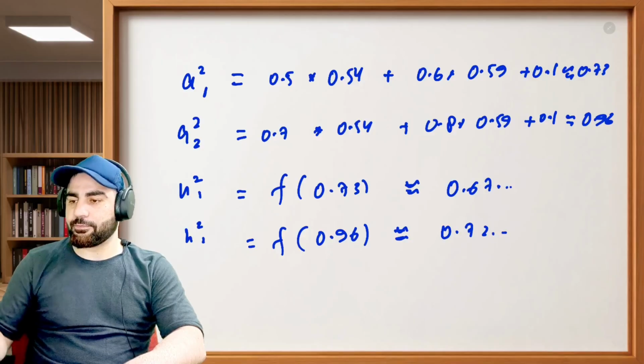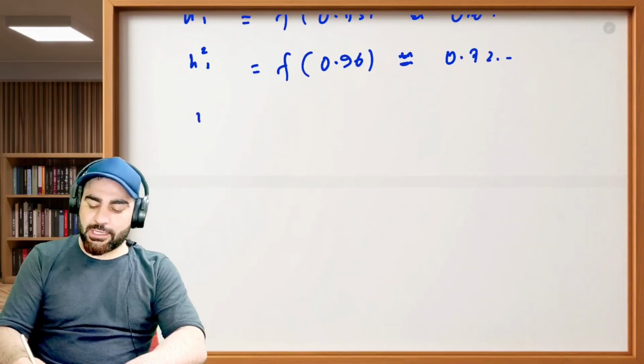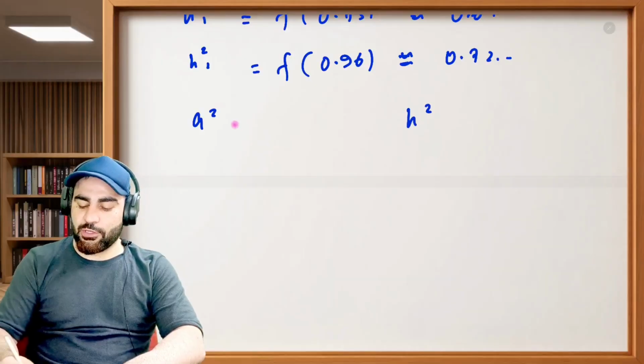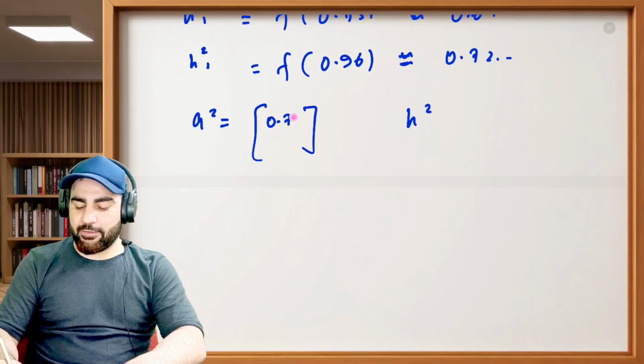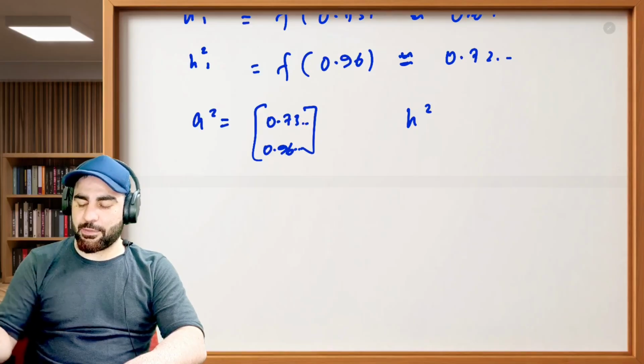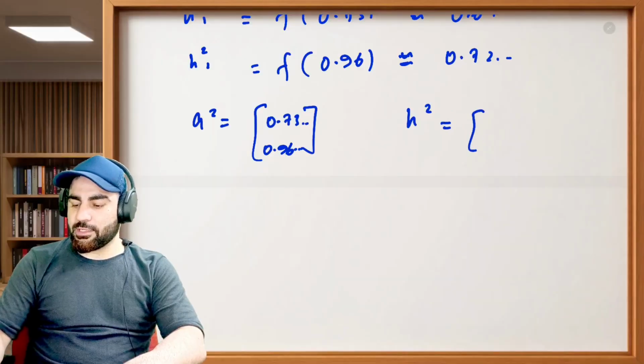Another vector that we got is A2 and H2. A2 is the pre-activation and this is after activation. So this is 0.73 some values and then 0.96 and some other values, and after activation we got 0.67 and 0.72. So this is for the second layer.